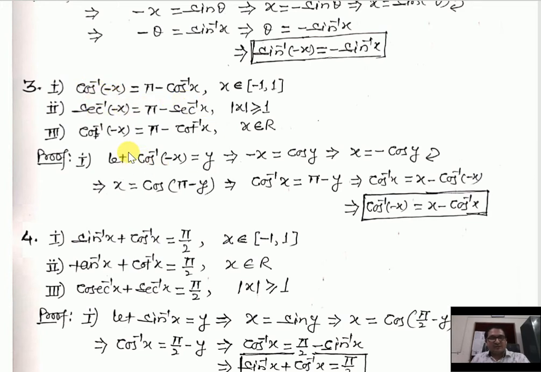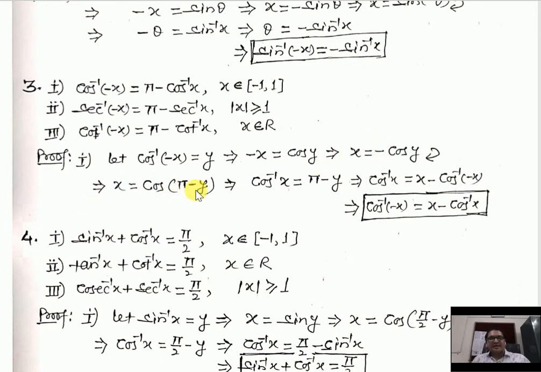Similarly, third: cos inverse minus x is equal to pi minus cos inverse x. Let me prove one result over here. Cos inverse minus x is equal to y, so minus x is equal to cos y, x is equal to minus cos y. This minus transposes to the right hand side, meaning you multiply with minus on both sides. Now look at here, x is equal to, now this minus you have to shift somewhere, you have to remove it from here, so cos of 180 minus theta.